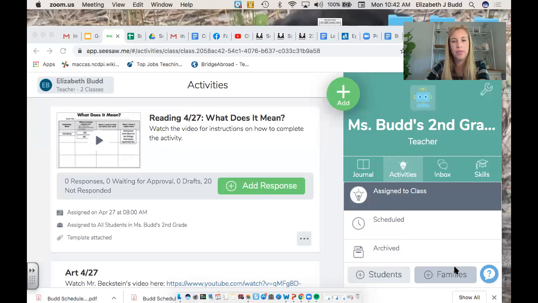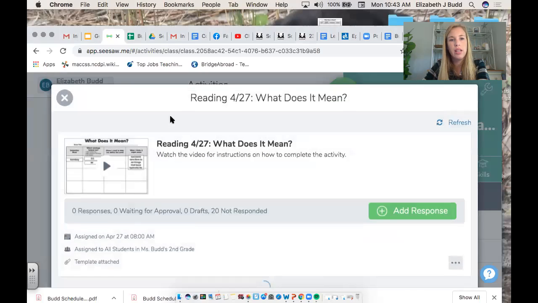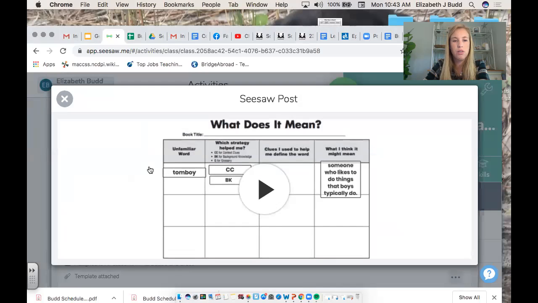So today for your assignment in Seesaw, you are going to be doing a little assignment on being a word detective. It looks like this, and it says reading 427, what does it mean? When you click on that assignment, there's a template that you can use, and you are supposed to find 3 unfamiliar words in a nonfiction book of your choice.